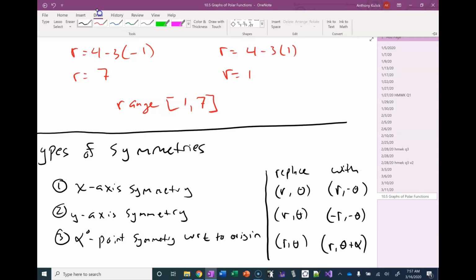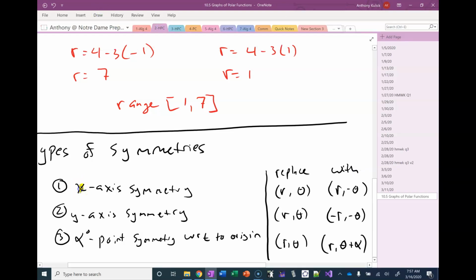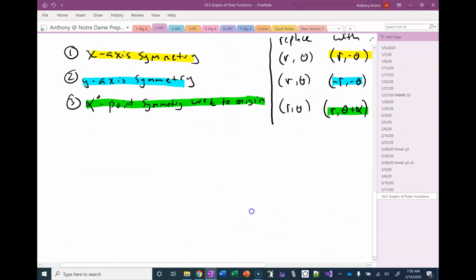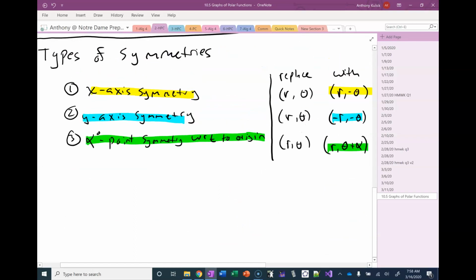But the key thing to remember is, for each symmetry, what you need to replace in your equation. Those are the properties that I'm going to be using in each of these example problems. The obvious next question would be, am I restricted to just one type of symmetry per equation? And the answer is no, we are not. We'll see that straight away in this first example.